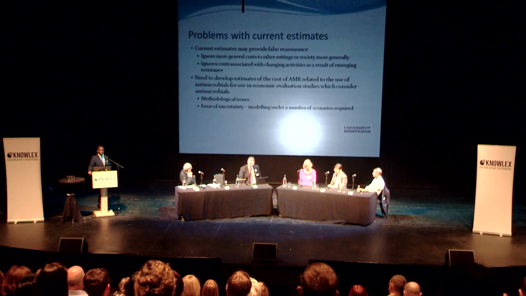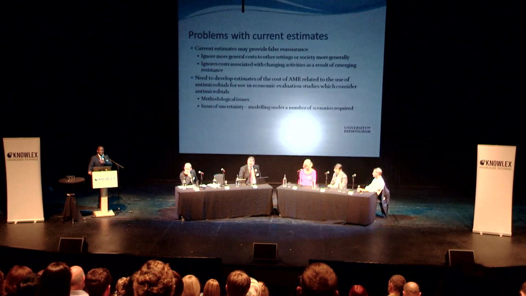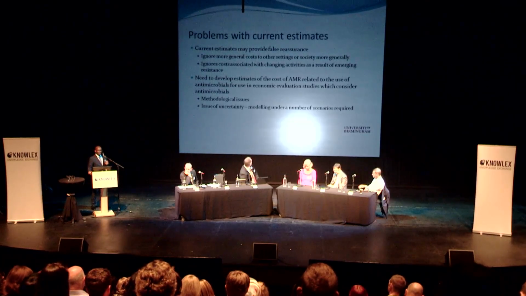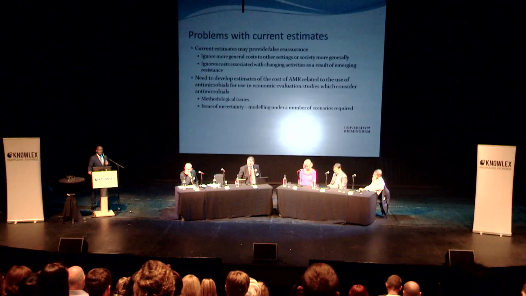So, for example, modern healthcare is heavily reliant on the use of antibiotics. And if antibiotics are not available in the future, then this cost has to be taken into account. So we need a scenario where we estimate the costs with and without effective antibiotics available. So there's the need to develop estimates of the cost of resistance, which should be included in economic evaluation studies.